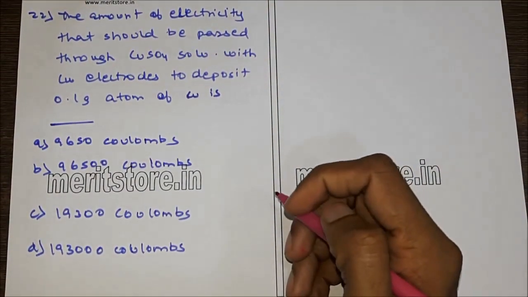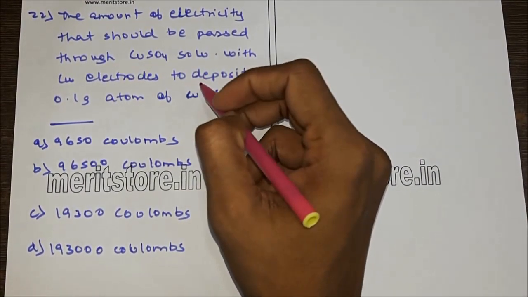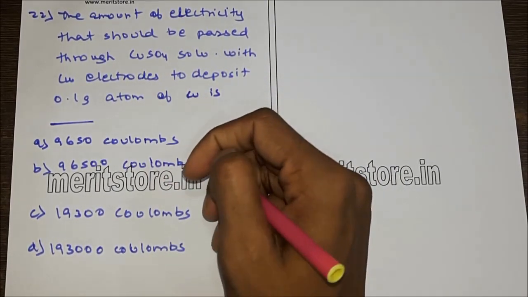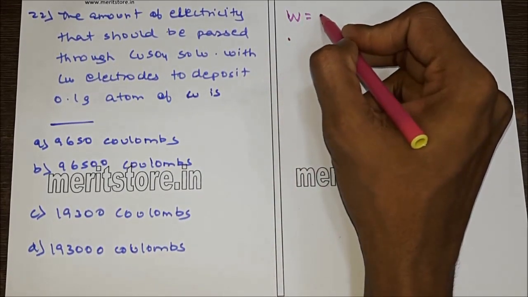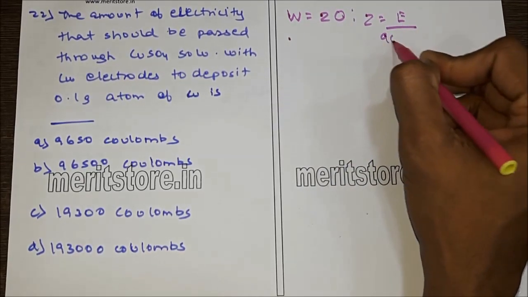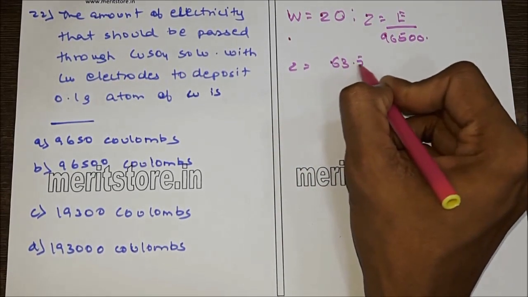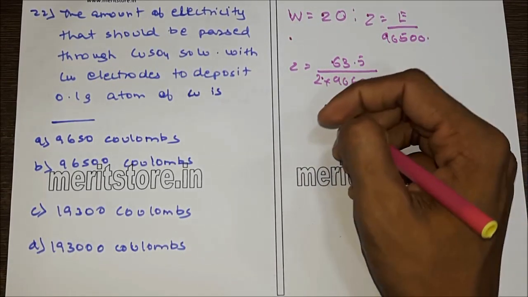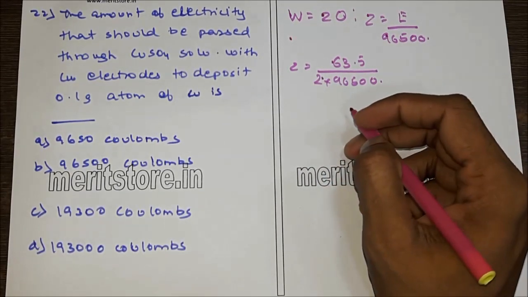Question 22. The amount of electricity that should be passed through copper sulfate solution with copper electrodes to deposit 0.1 gram atom of copper is given as 4 options. So we have W = Z × Q, where Z is equal to E upon 96,500, so Z is equal to 63.5 / (2 × 96,500), since 1 atom of copper gives 2 electrons as it is divalent.